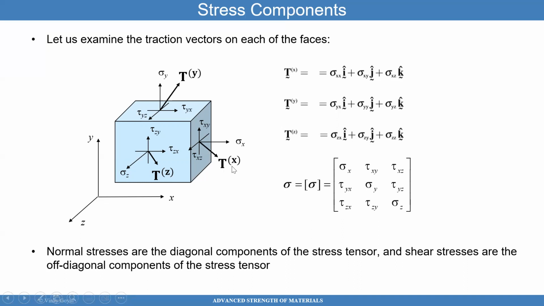If I took that traction force, Tx, which has components i, j, and k, and decomposed it into the X, Y, and Z directions, what I get are three components of that traction vector. And those three components are the stress components we're going to be talking about. So that traction acting on the X face, that face whose normal is aligned with the X direction, that traction that's arbitrary can be decomposed into these three directions.